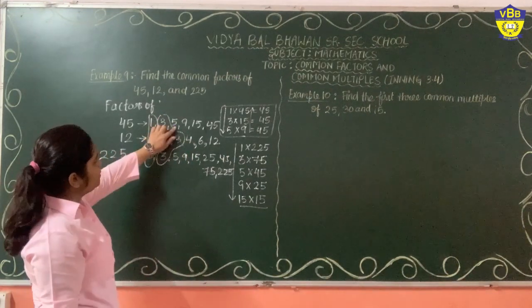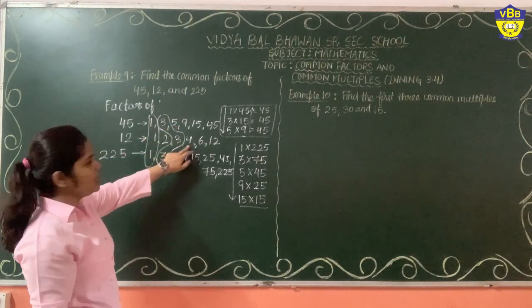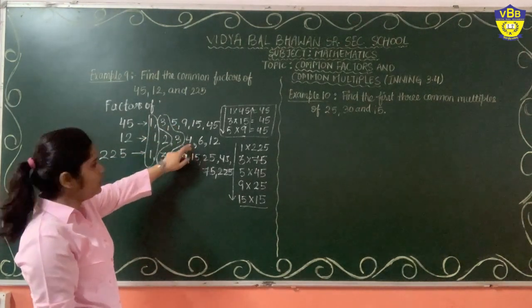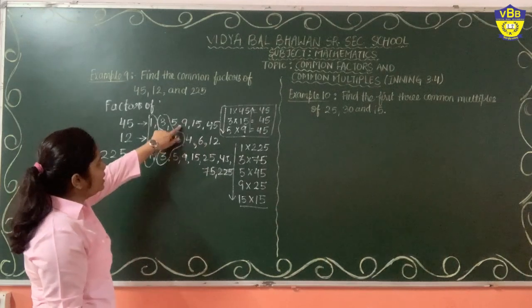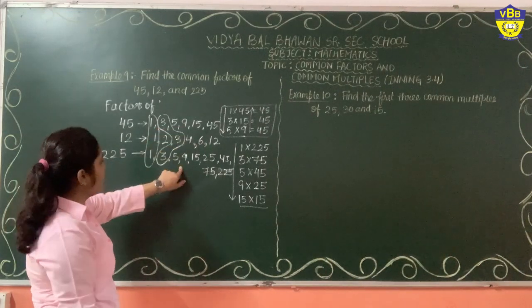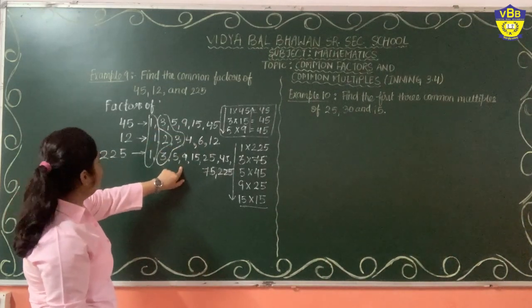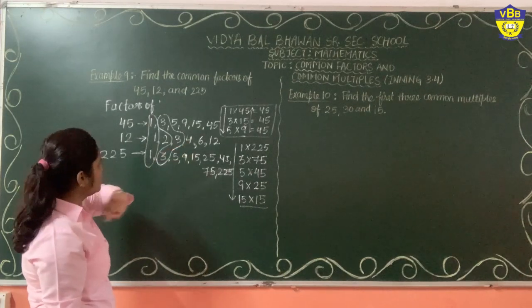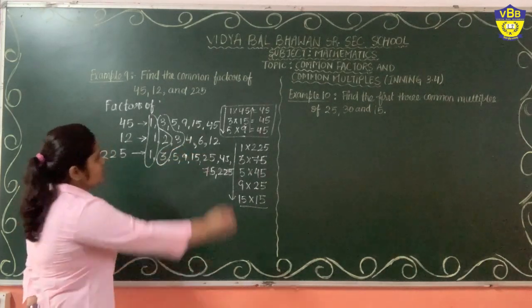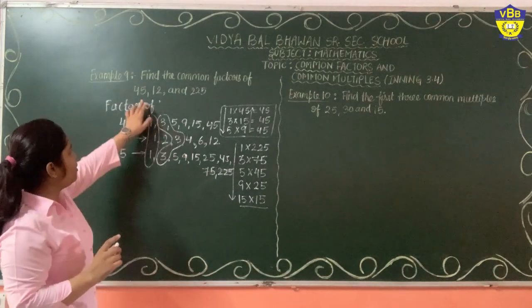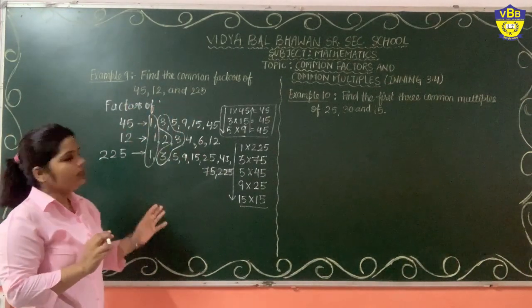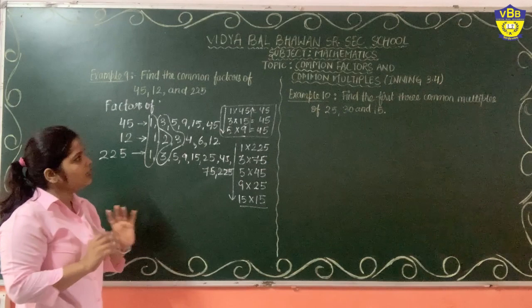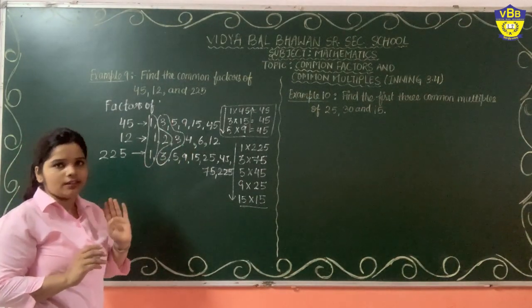Then 5 here, but 5 is not present in the factors of 12, so it's not common. 9 is in 45 and in 225, but not in 12. You can check there is no other number which is common in all three lists.